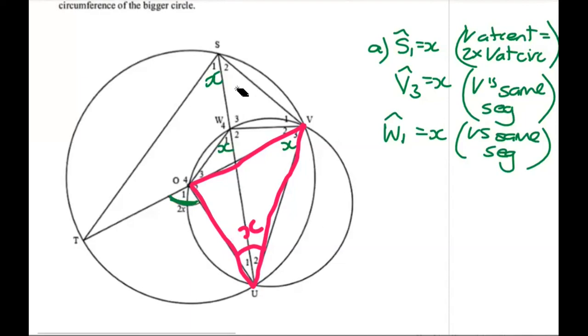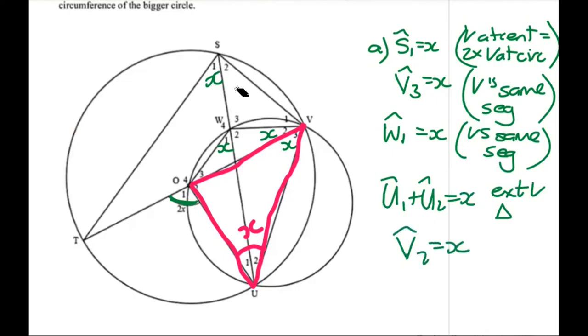So I found this one. I'm going to tell you guys which one I found. I found that one. So it actually means there's more than one option. I found V2. So U1 plus U2 would be equal to x because exterior angle of a triangle. And then I found V2 is equal to x because of exterior angle of a cyclic quad.